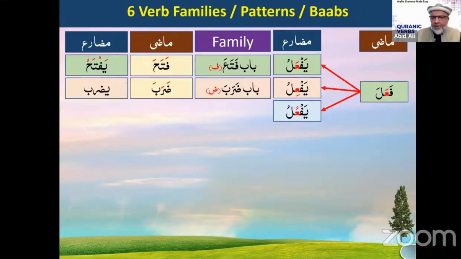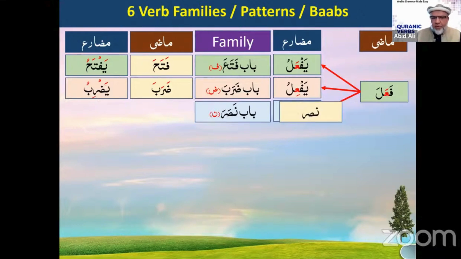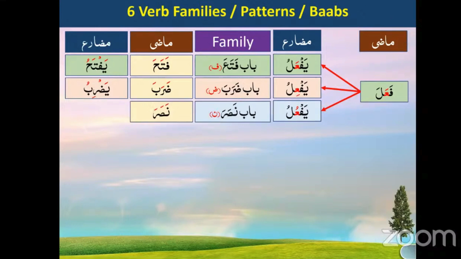Does this have any complexity other than just learning that, okay, with fa'ala, I can do yafalu, yafilu, yafulu? Straightforward, isn't it? Okay. Trust me, when I was learning Arabic, as you guys, I used to trip and get confused about these things.